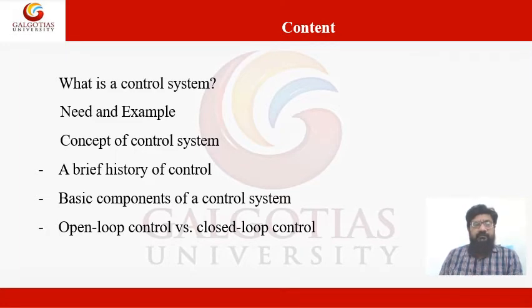Then I will give you a brief history of control systems, and the basic components of control systems will be covered. And then we will give a brief introduction about open loop control system and closed loop control system.